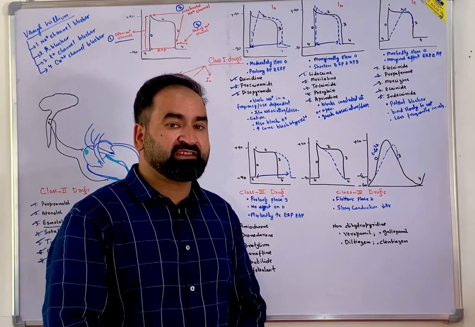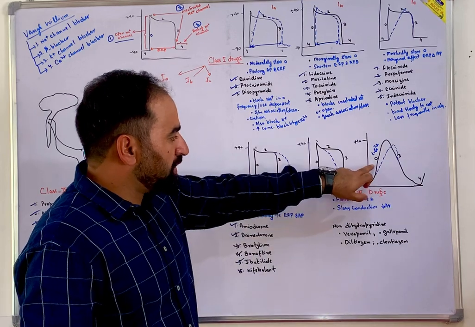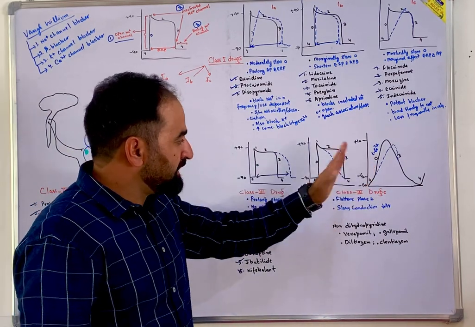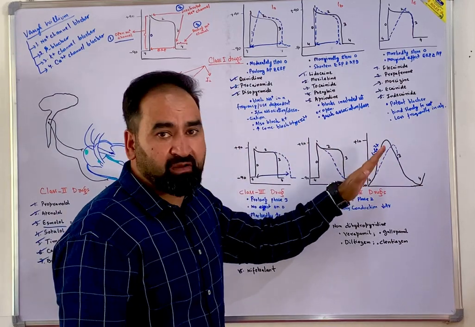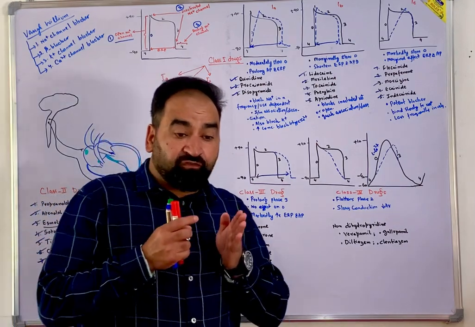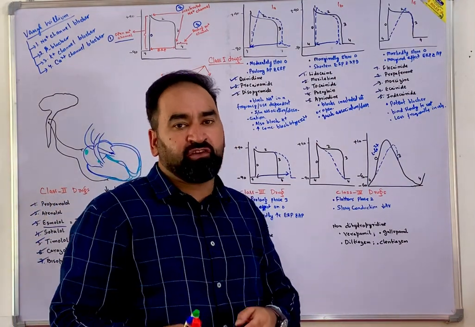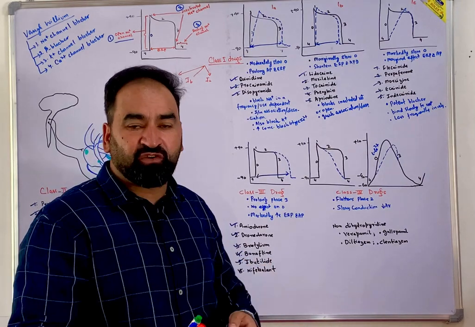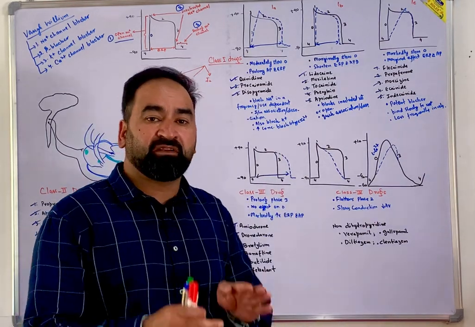How does it slow the conduction? It blocks the L-type calcium channel, which decreases the slope of phase 0. When it decreases the slope, the firing rate from the SA node to the AV node decreases. So it decreases the conduction towards the AV node.